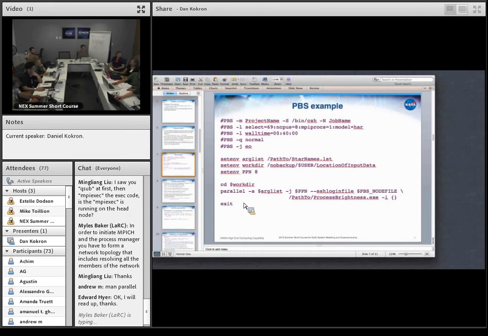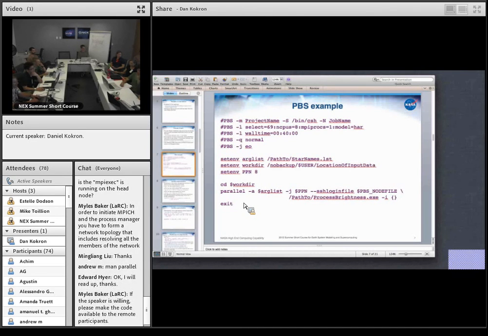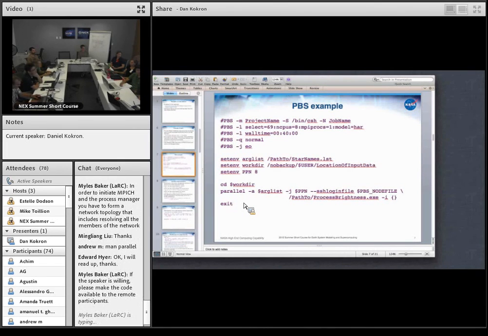So one way to do this is to send mail to SciCon at nas.nasa.gov, and that'll automatically go to the group of scientific consultants.